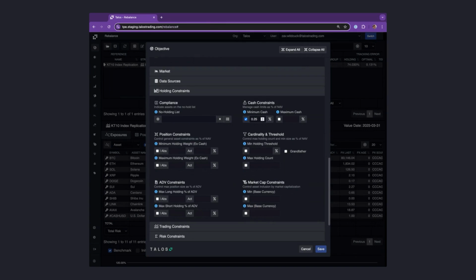But also, when you're rebalancing a portfolio in the real world, you don't actually know exactly what prices you're going to fill at. And so you need to provide some form of cash buffer to ensure that you don't overdraw the portfolio, because maybe, like in this case, we're going to be investing cash into tokens, so we're going to be buying across the board.